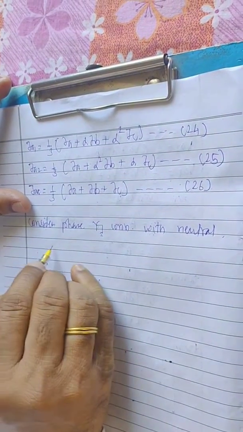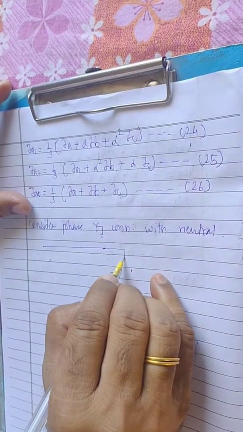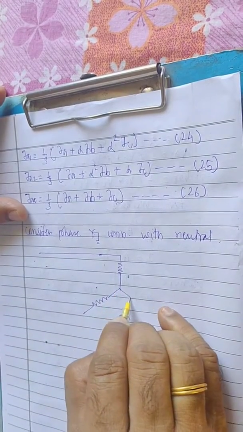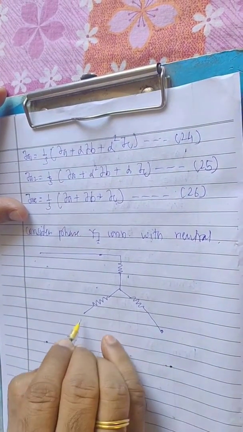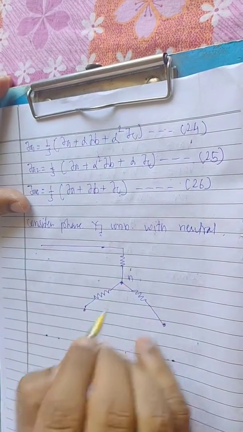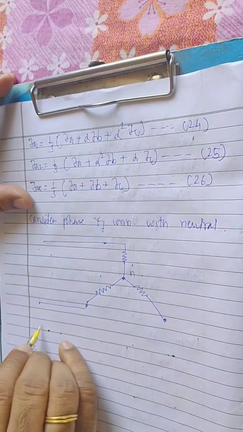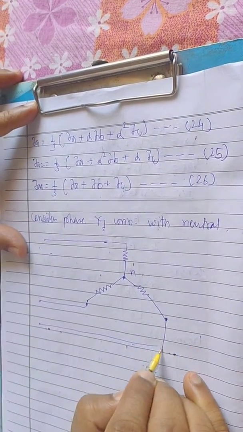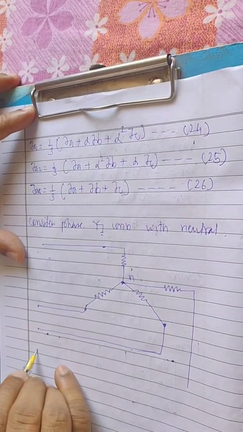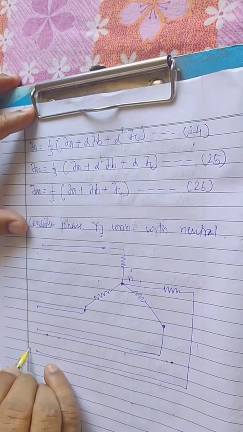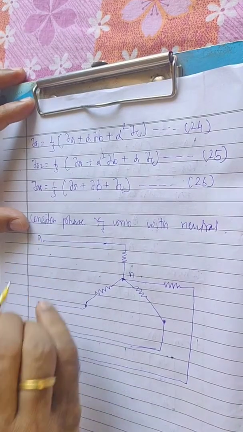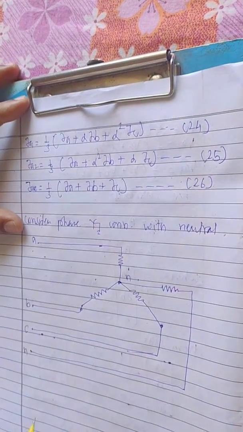Suppose this is the star connected three-phase system. This is neutral point N, and the neutral is grounded. This is A, B, C.